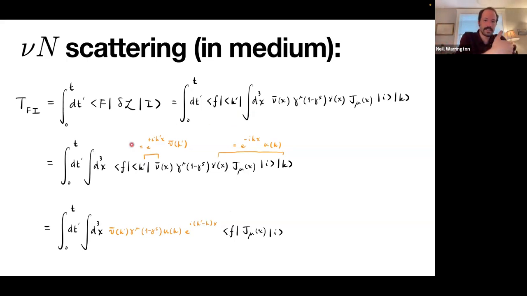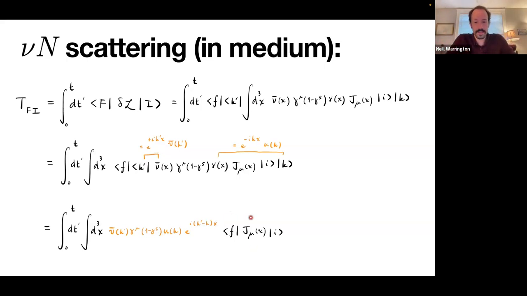Now we just move this spatial integral out, and then you can do the neutrino part easily. If you contract this field against this state, you produce a spinor and a single particle wave function. And if you contract this neutrino against this state, you get an antiparticle spinor and again a momentum eigenstate wave function.